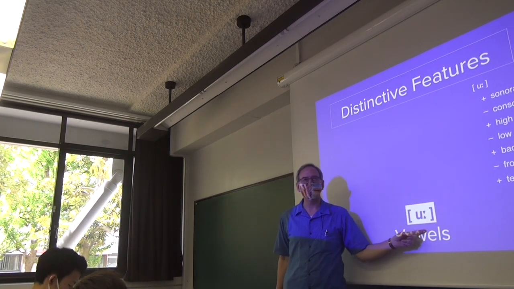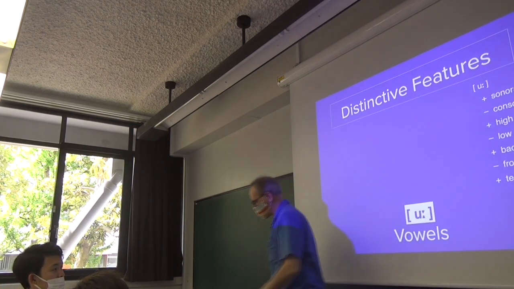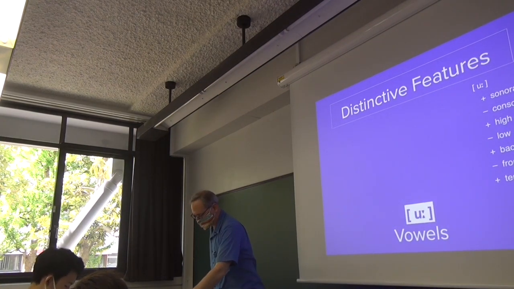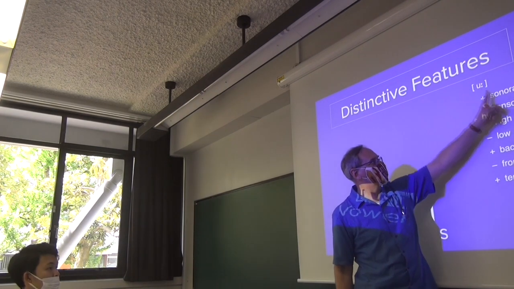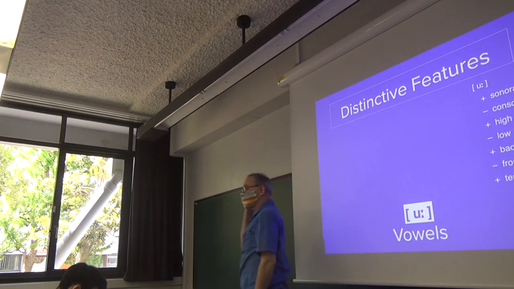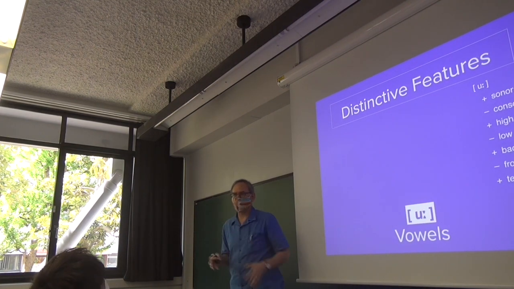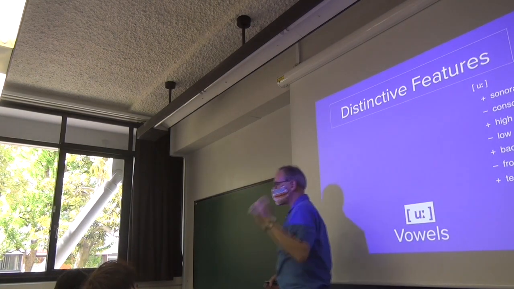English oo. I think the vowels are missing on the handout, so you may want to write them in. Above here, if you add the vowel oo, this combination of feature values defines the pronunciation oo.